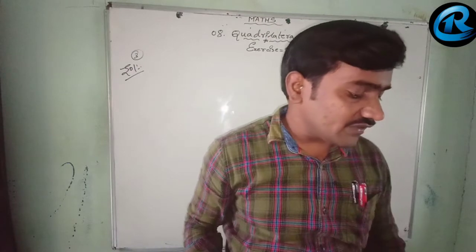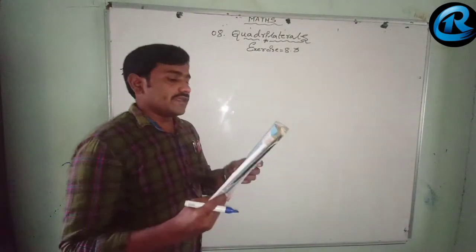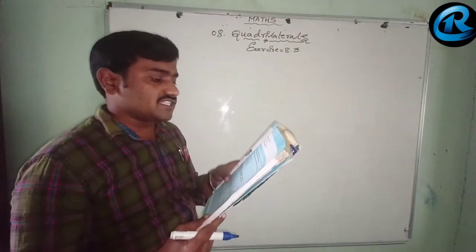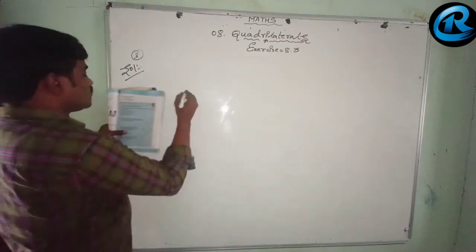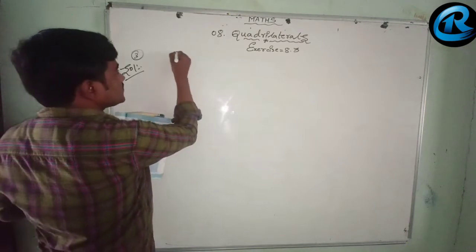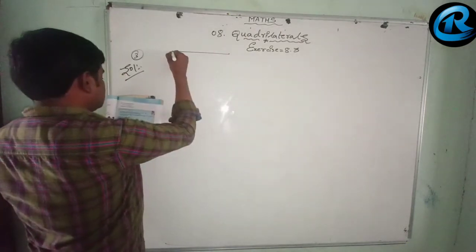In the adjacent figure, ABCD is a parallelogram and E is a midpoint on the side BC. Okay, let us draw the diagram first.